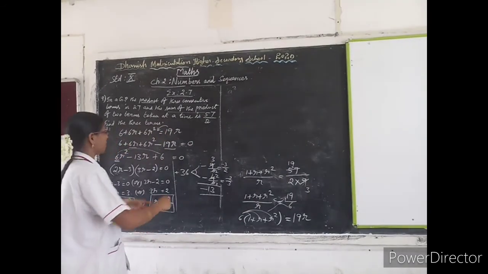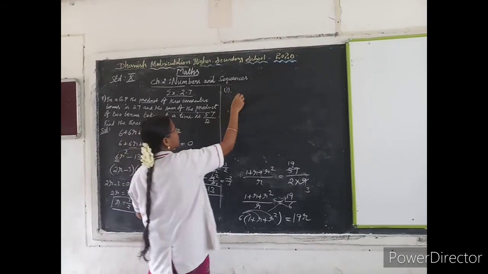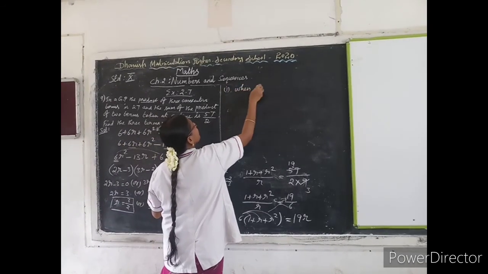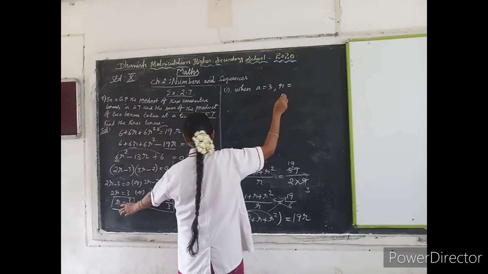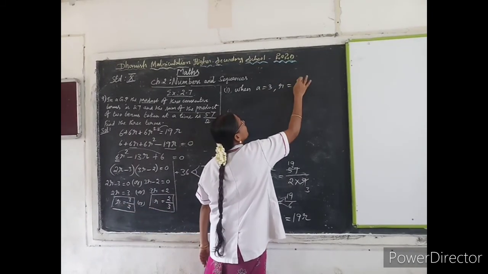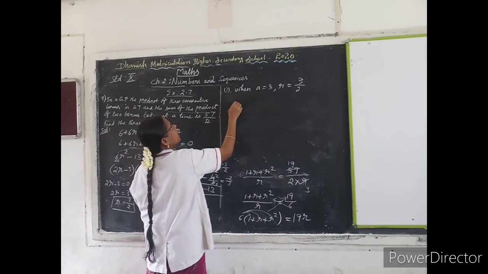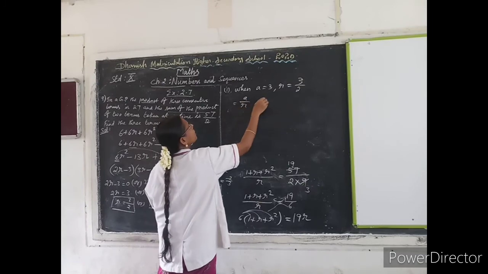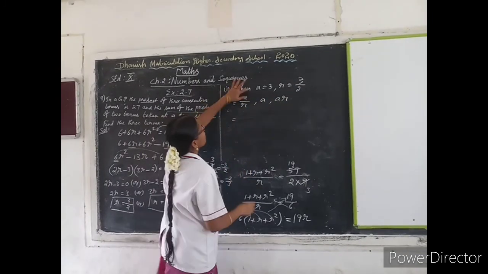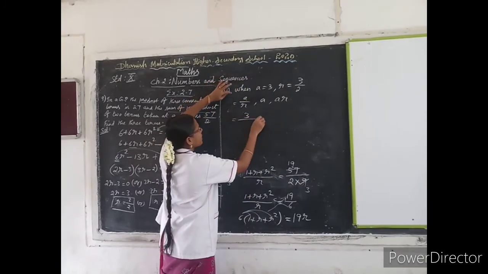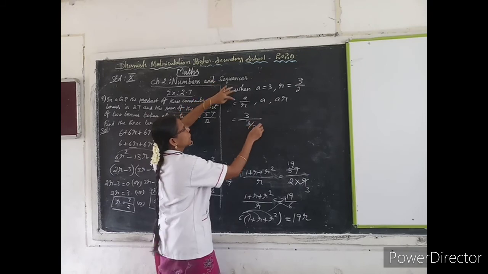First case, when a is equal to 3, r is equal to 3/2. Our GP terms are a/r, a, ar. Substitute the values of a and r. a is 3 divided by r, which is a fraction, 3/2.